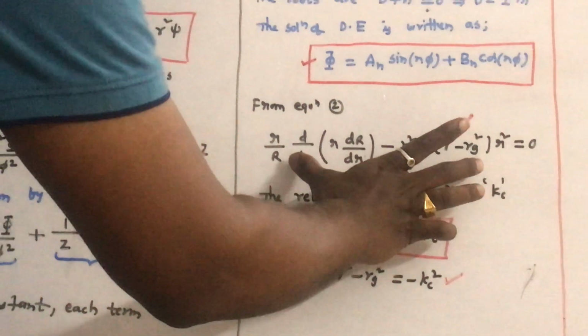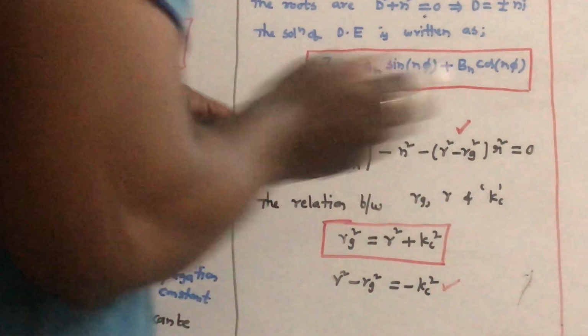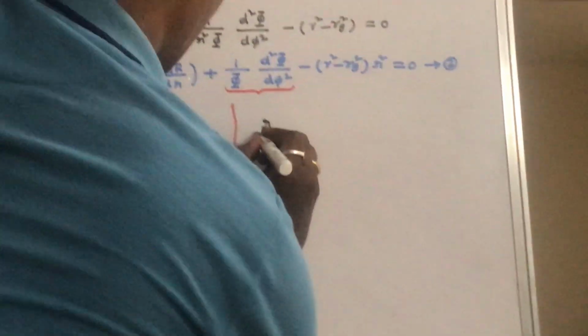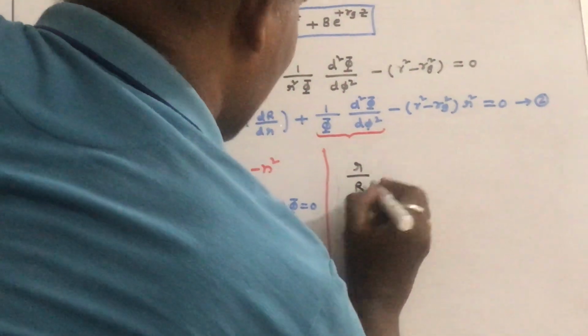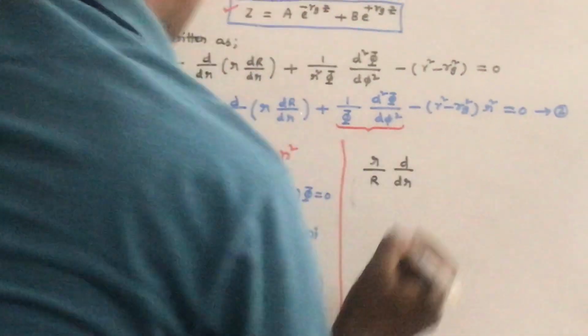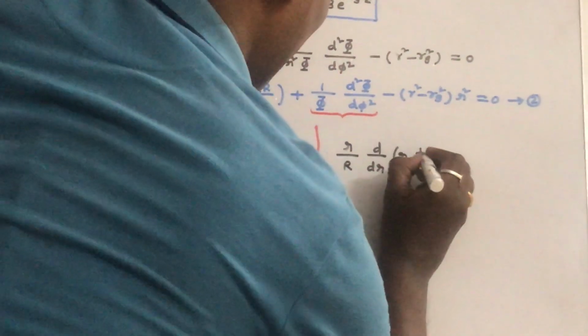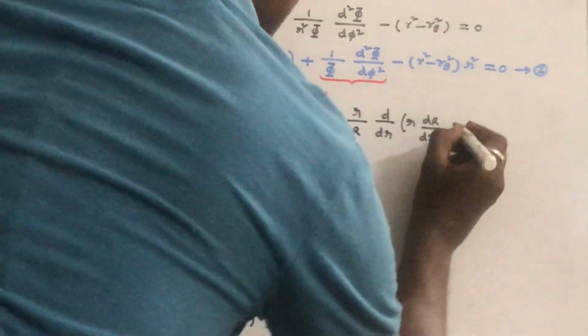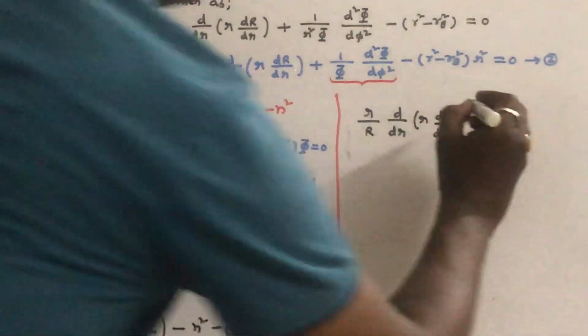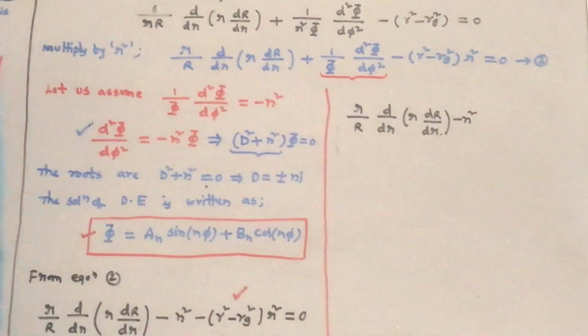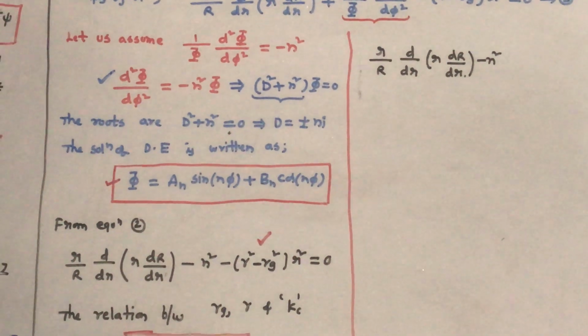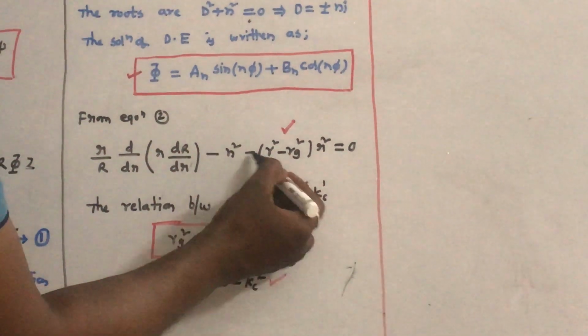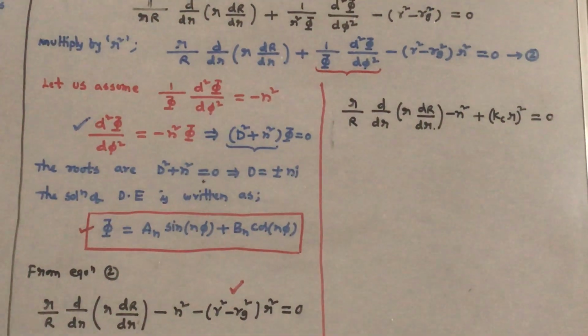Now this differential equation is finally written as r by capital R into d by dr of r into dR by dr, minus n square, where gamma square minus gamma g square is replaced, so this term is written as kc into small r whole square is equal to 0.